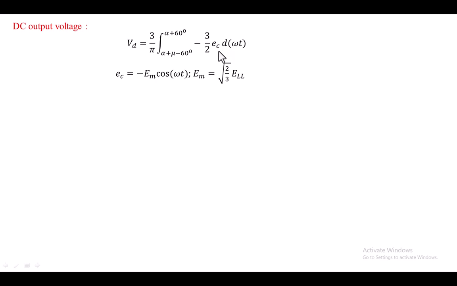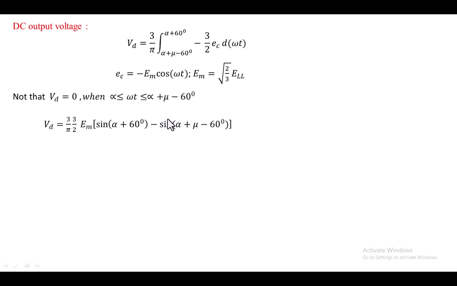We know the expression for the EC, EC equal to minus Em cos omega t, Em equal to root 2 by 3 EL. Substitute all the values here, complete the integration and substitute the limits, and finally you are getting the expression Vd equal to 3 by pi, 3 by 2 Em, sin of alpha plus 60 minus sin of alpha plus mu minus 60 degrees.